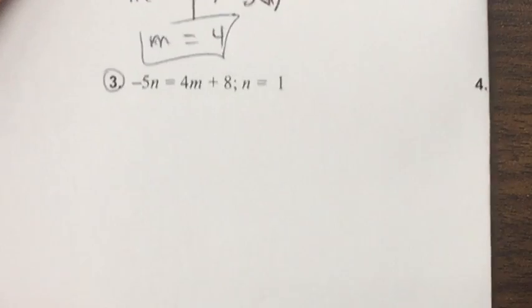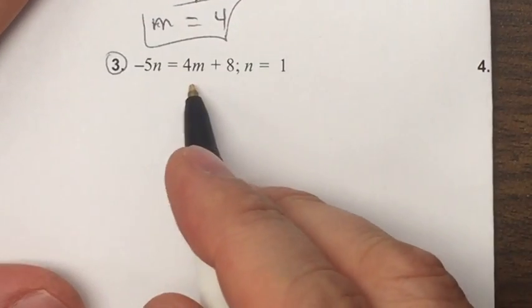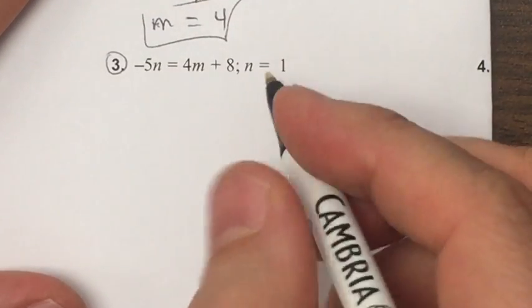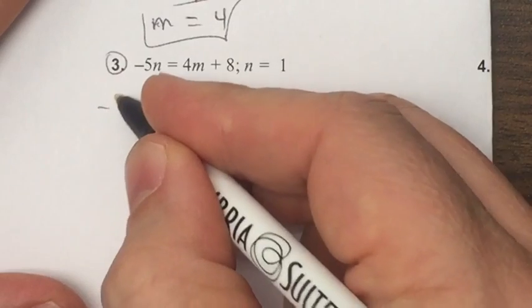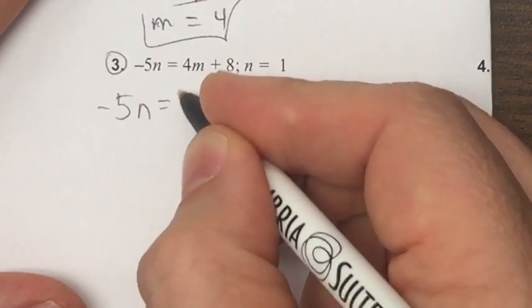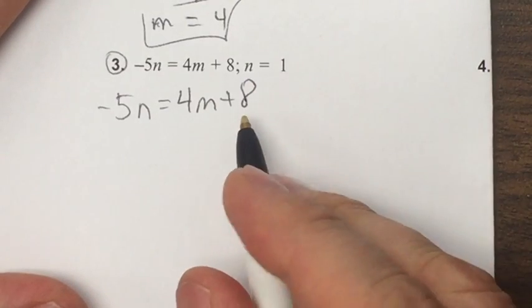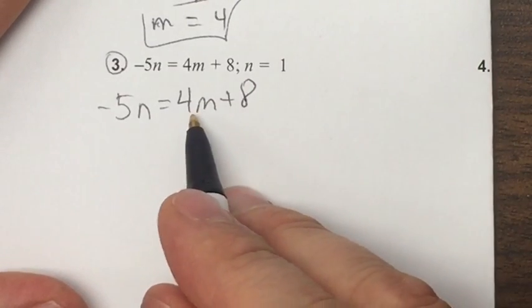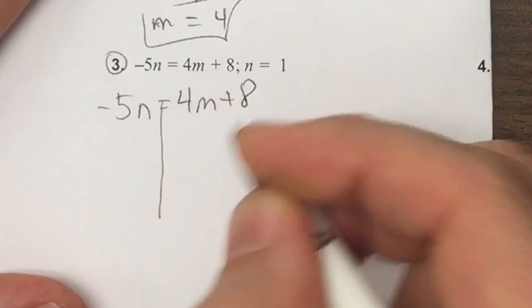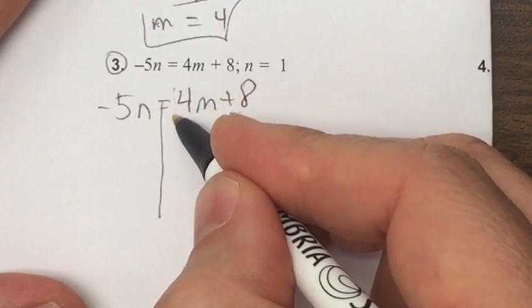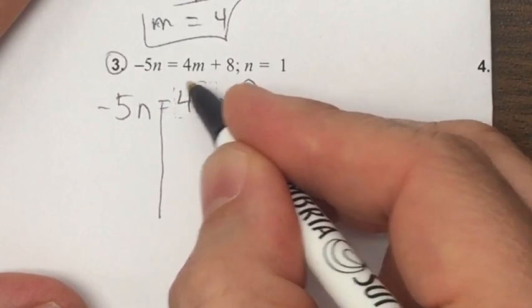Okay, let's do number 3. Negative 5n equals 4m plus 8. Okay, so I'm going to rewrite that down below. And again, I want to get m by itself. This time the m is on the right-hand side of the equal sign. I'm going to isolate my variable. I'm going to put a box around my m term.